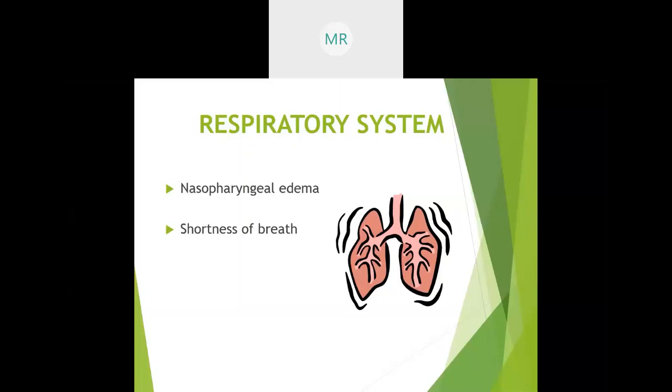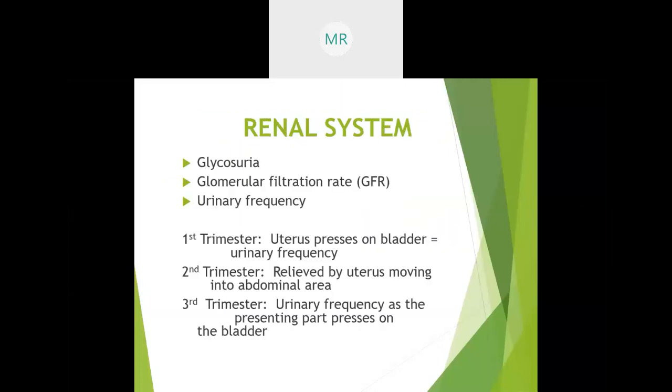Then also normal physiologic change is the renal system. Okay. Remember that kidneys are responsible for regulating electrolyte, acid-base balance, excreting waste products, and conserving essential nutrients. Okay. So the renal system does have some normal physiologic changes as well.